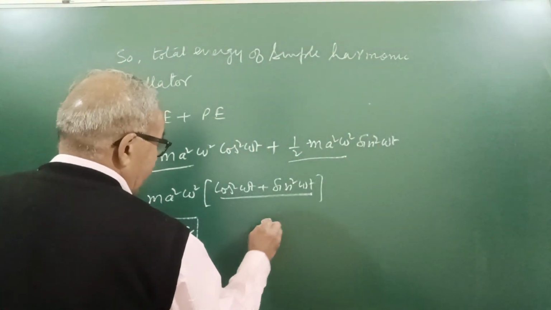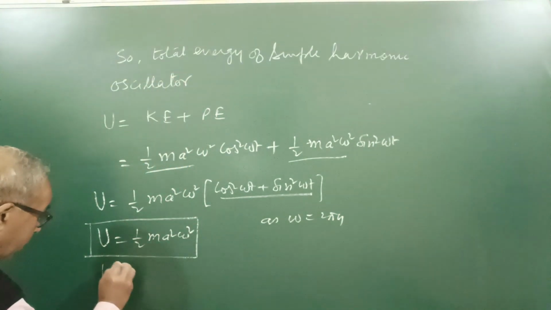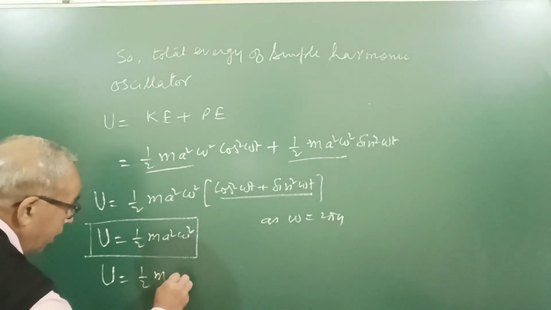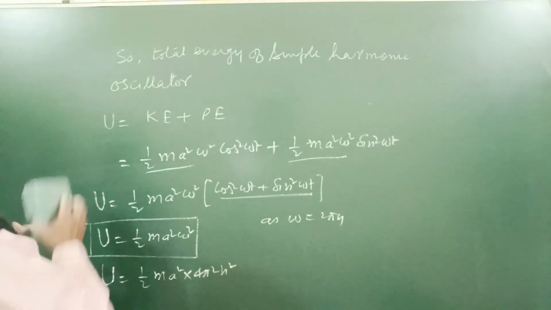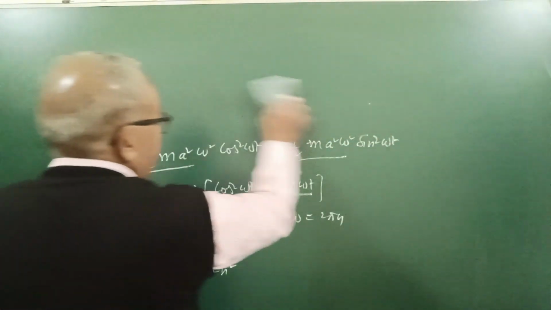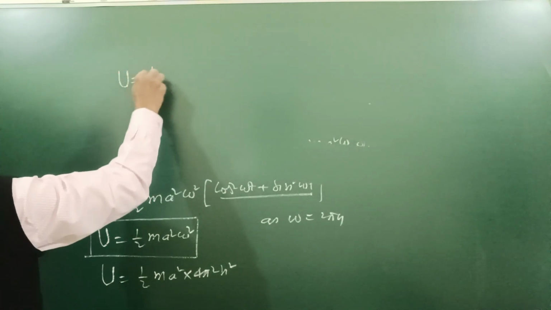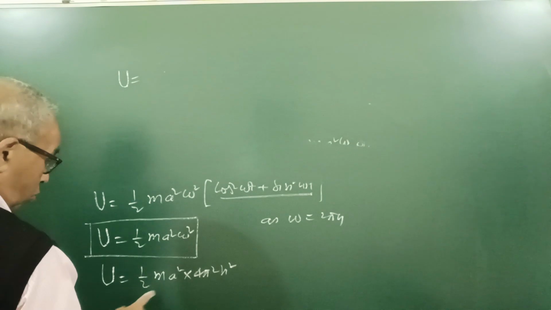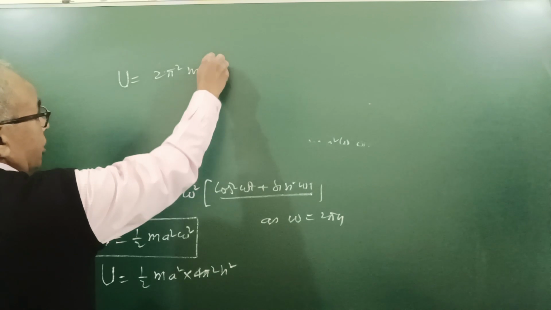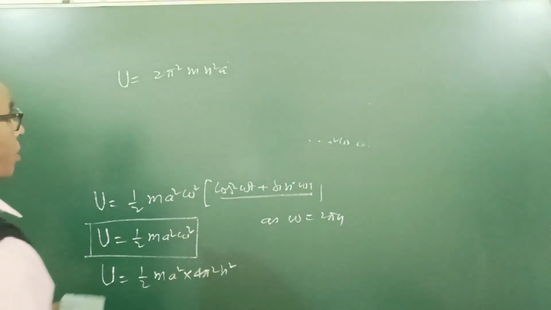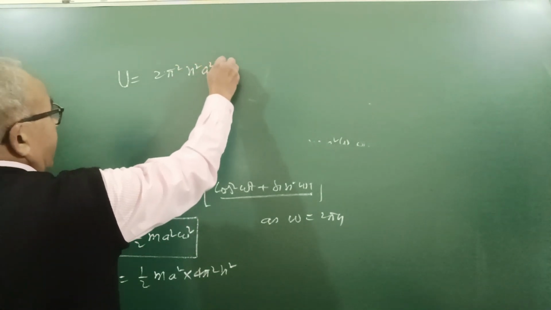As omega is 2 pi n, the total energy of the oscillator is half m a square into 4 pi square n square. So the total energy comes out to be U equal to half, the 2 cancels, 2 pi square n square a square m.